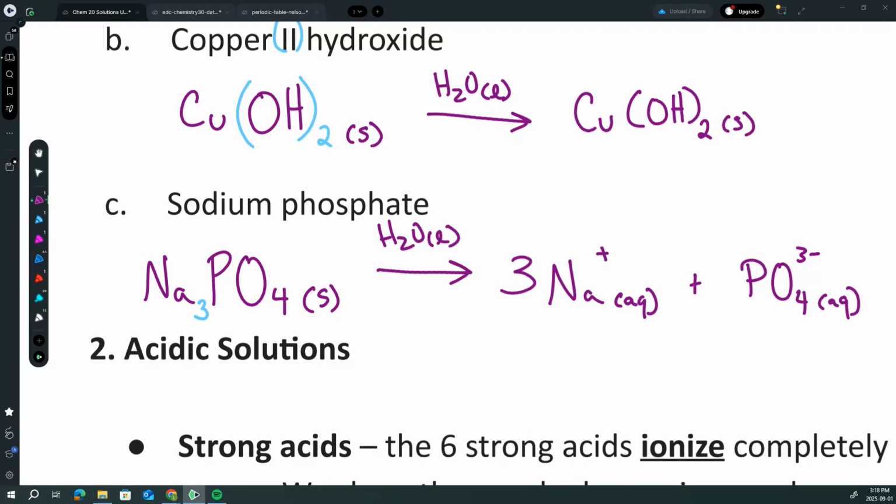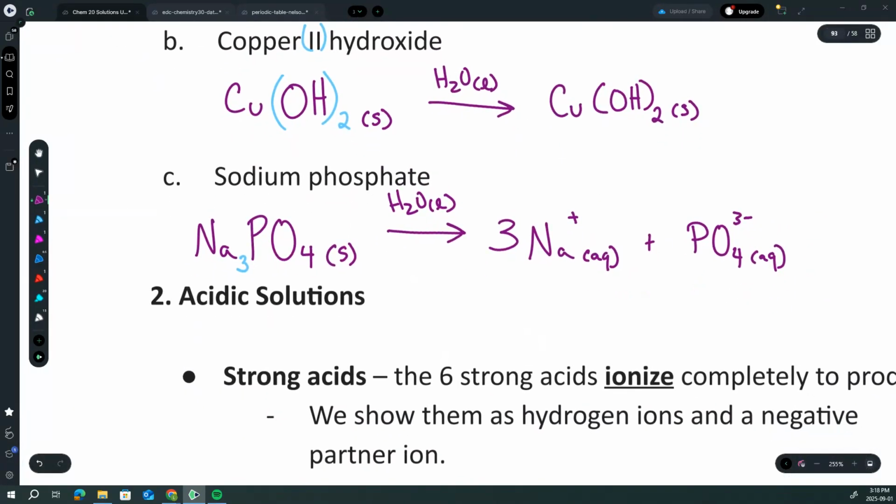You do not balance equations with the subscripts. You only balance the compound with the subscripts. You don't balance the entire equation. So just watch out for that. So 3 sodiums going in, 3 coming out, 1 phosphate going in, 1 coming out. We are good.